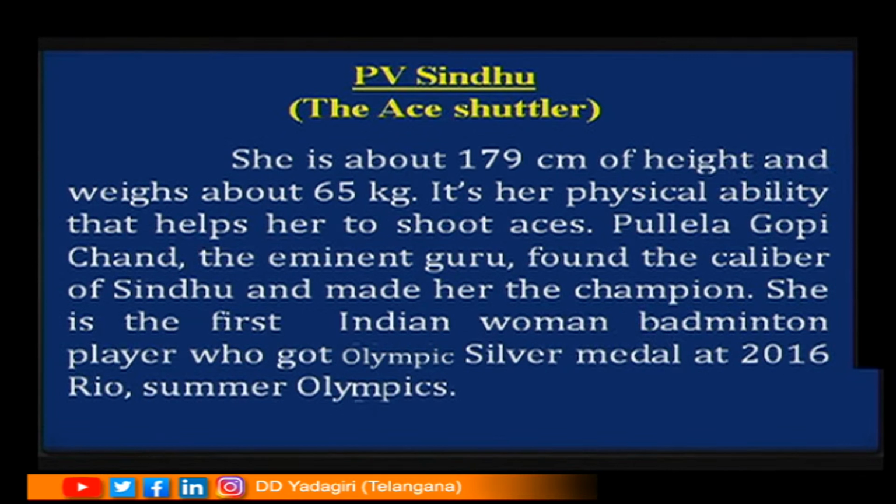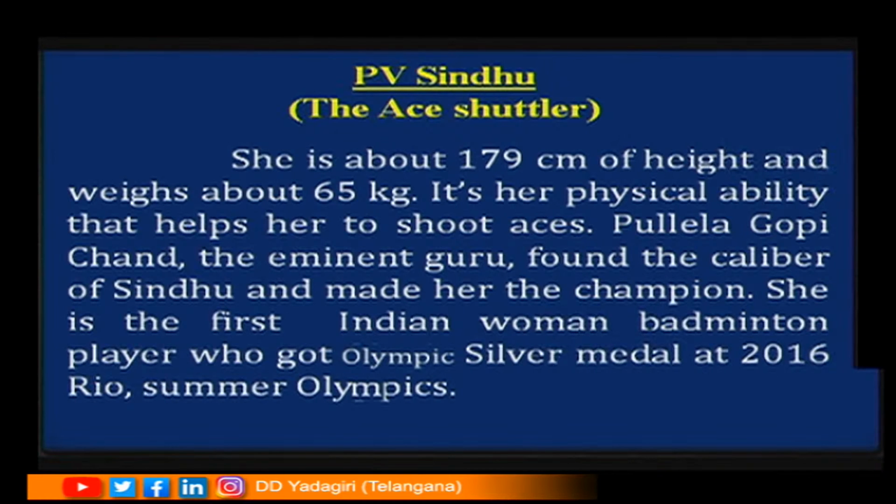And this is the third paragraph. She is about 179 centimeters of height and weighs about 65 kg. It is her physical ability that helps her to shoot aces. Pullela Gopichand, the eminent guru, found the caliber of Sindhu and made her the champion. She is the first Indian woman badminton player who got Olympic silver medal at 2016 Rio Summer Olympics.